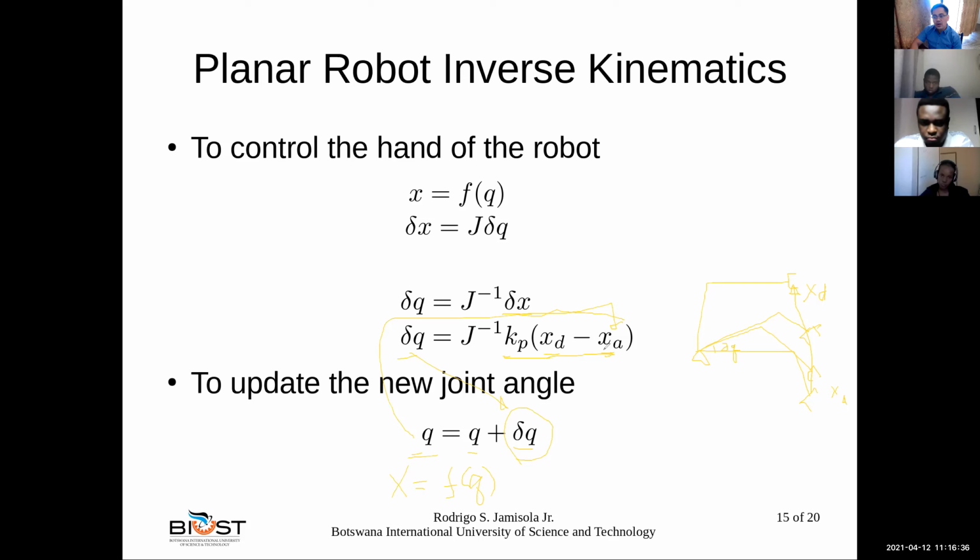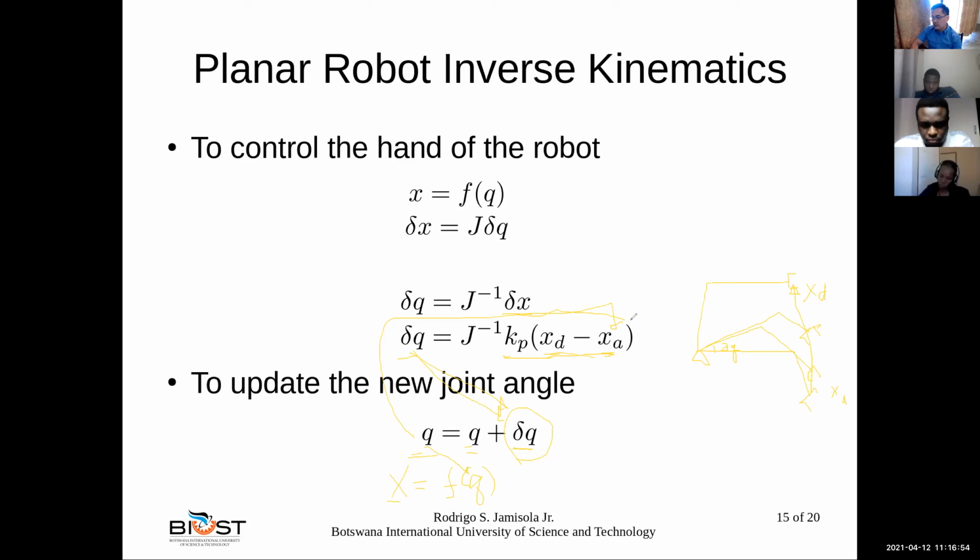So you get a new value of the error, compute the delta Q, and again it is a step added to your current Q, giving a new value of Q. This new value of Q you input into the forward kinematics, compute the new value of X, and so on.